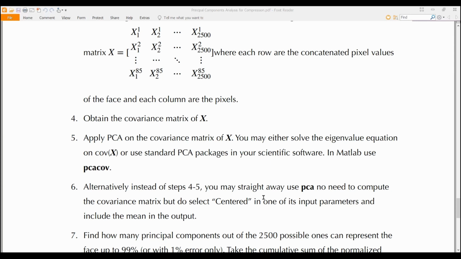However, in the output, you have to know the mean, so you can have the mean included in the output. So, PCA does the covariance matrix for you if you set the centered variable to true, and then you include the mean in the output. You would need the mean in the output to compute kung ano yung kinalalabasan niya.